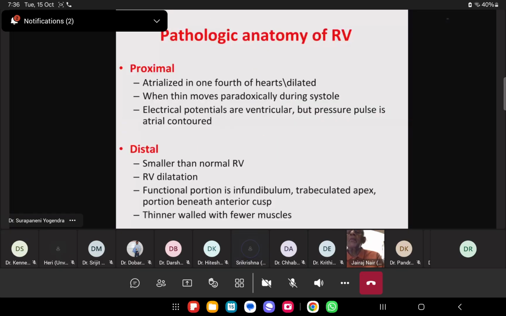Pathological anatomy of the right ventricle. The proximal portion of the right ventricle is atrialized, in one fourth of the heart it is dilated, and three, it moves paradoxically during systole. Electrical potentials are ventricular, but pressure is atrial.